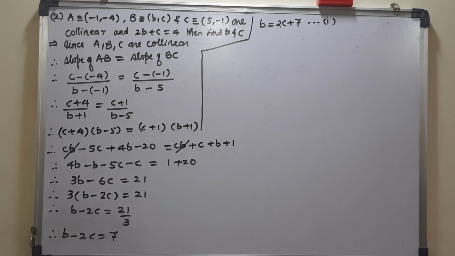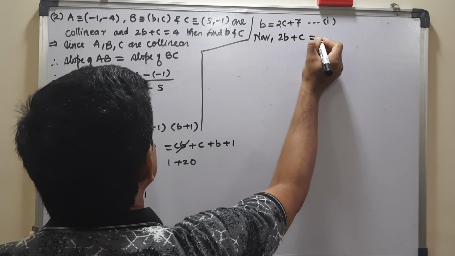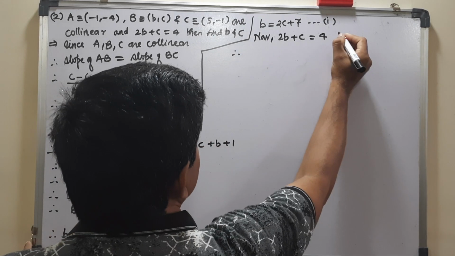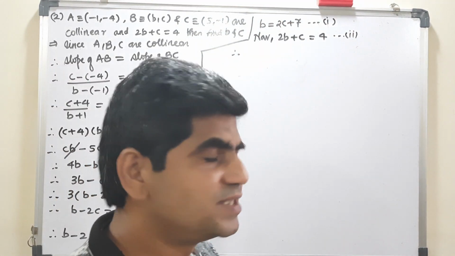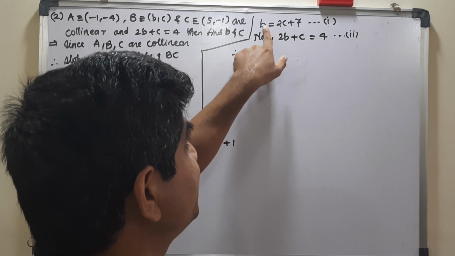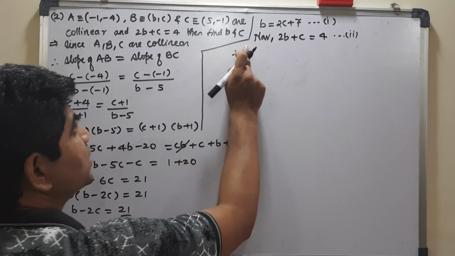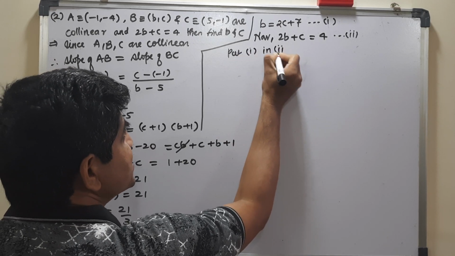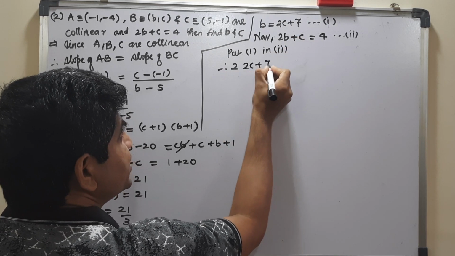So the first equation's value I can put over here, meaning wherever B is there, I will write 2C plus 7. So I am putting first in second, and I get this 2 and B replaced as 2C plus 7.